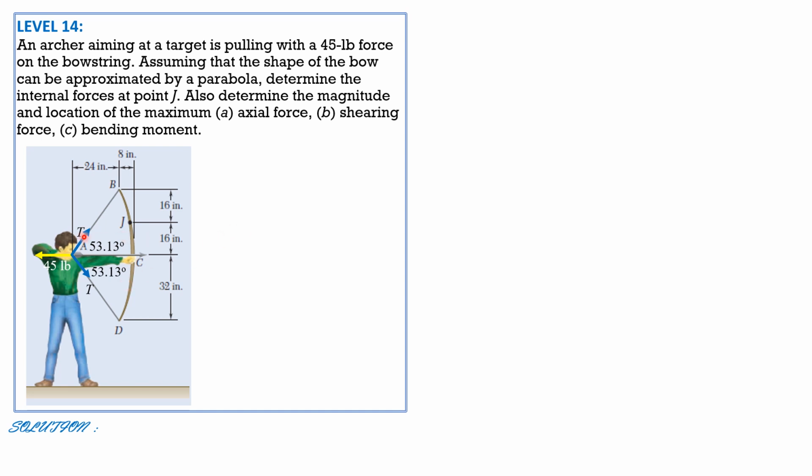So let's solve for T by summing up forces in x. So 2T cosine of 53.13 degrees, because there are two tensions of equal magnitude, minus 45 equals 0. So T is equal to 37.5 pounds.